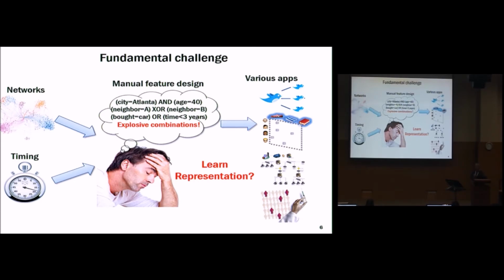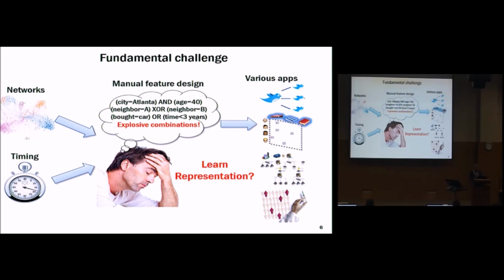So you need to take into account both the network structure and the temporal information to design some kind of machine learning system. Traditionally, before deep learning, machine learning experts had to think very hard about what kind of features to use. For instance, you need to take all these base features, or in this case even the network connectivity information, and think about how to combine all these different types of features, and then feed them to some machine learning algorithm for downstream applications.